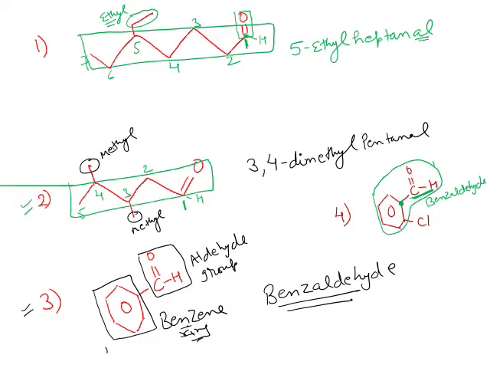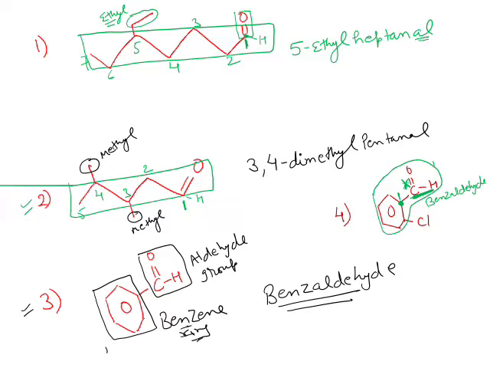So this is the number 1 carbon. Whenever you're working with a benzene group, make sure you start counting the carbon on the benzene. You cannot start counting from the carbon of the aldehyde group. You cannot do this thing. So make sure you don't make this mistake. So always give the number to the carbon on the benzene ring.